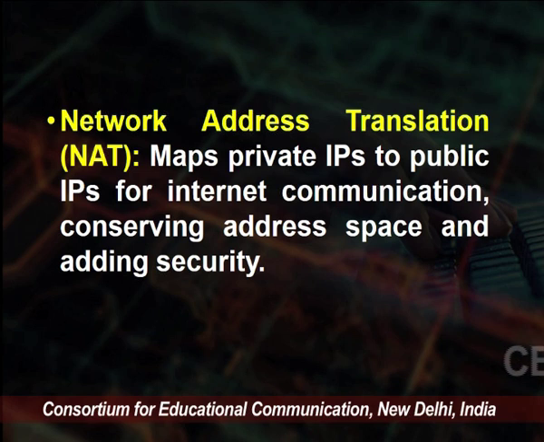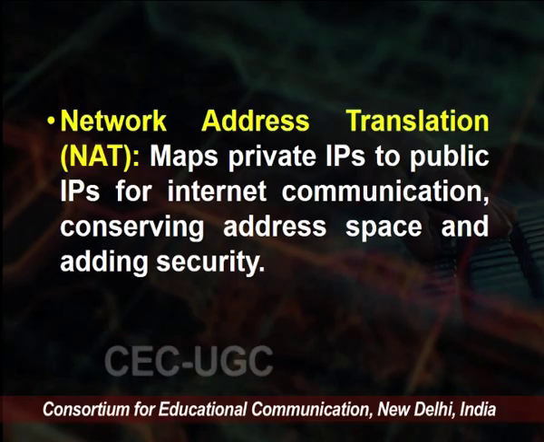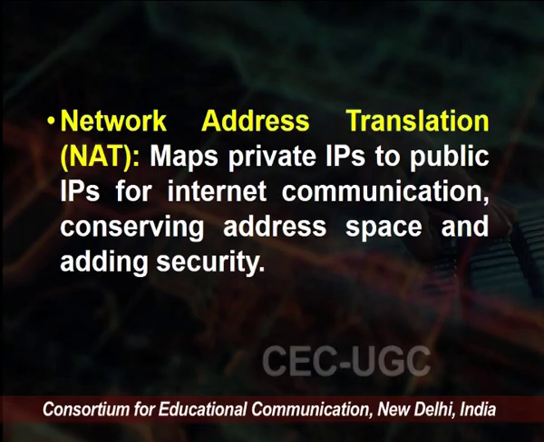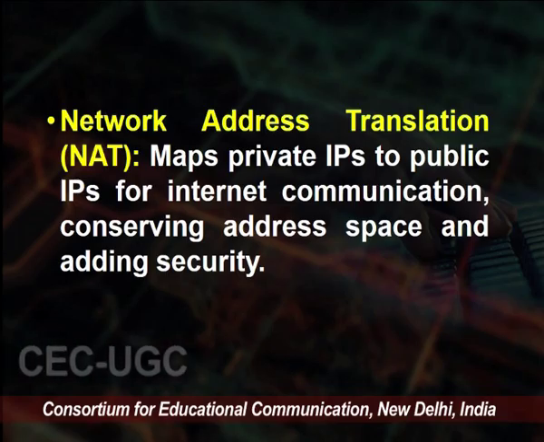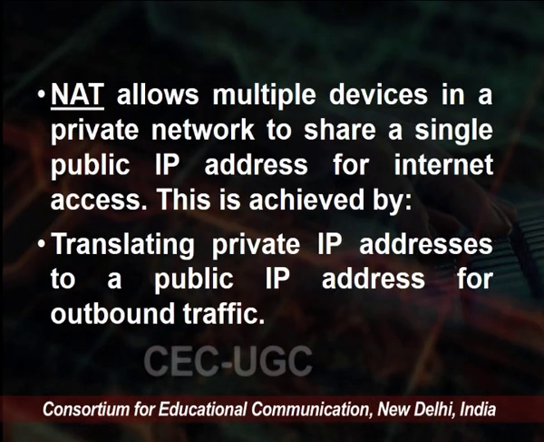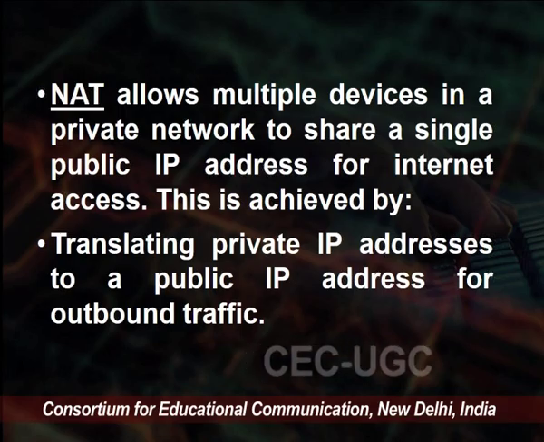It actually maps private IPs to public IPs, and this is done in order to make efficient internet communication, conserving the address space, and also adding extra security. So, this NAT facility allows multiple devices in a private network to share a single IP address for internet access.